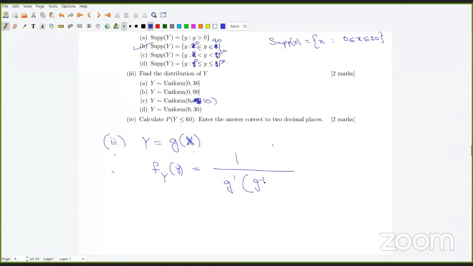If y is uniform from 0 to 90, we can just use the formula for uniform. What is the formula for uniform? 1 upon b minus a. Acha, you are saying that you can directly do that. How did you get that?